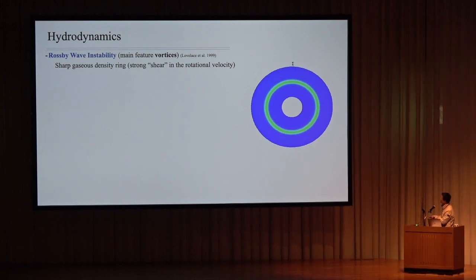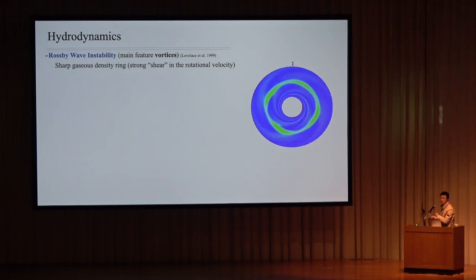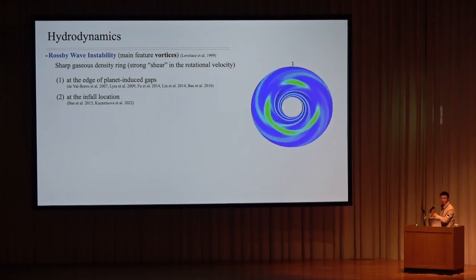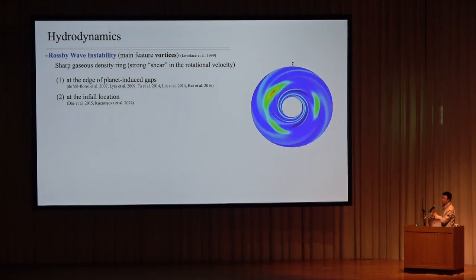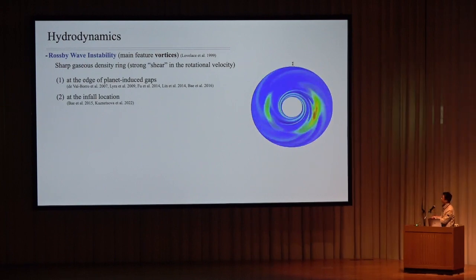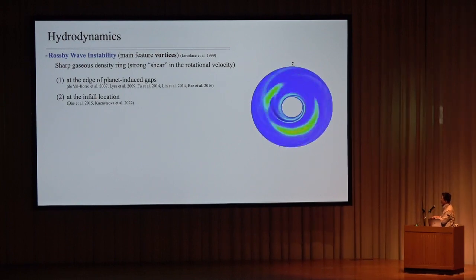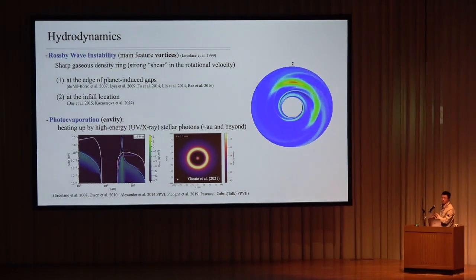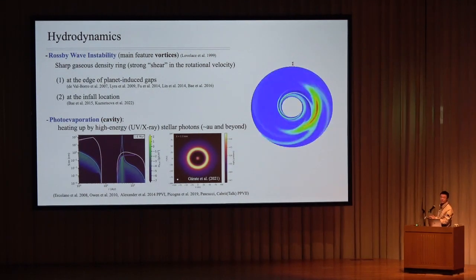And there are several regions in the disk where you could form these rings. For example, at the planet-induced gap edge, you could have a ring. Or you could have infall to some specific location, and you will produce a ring. And finally, at the end of the disk evolution, photoevaporation will become important, and they could also open cavity disks.